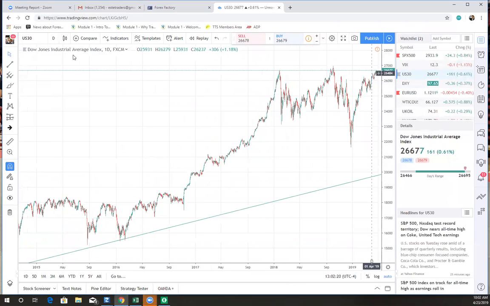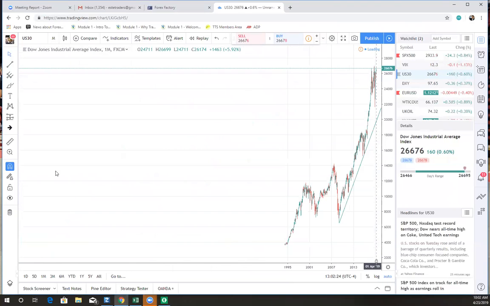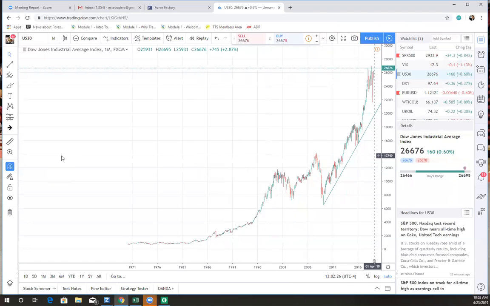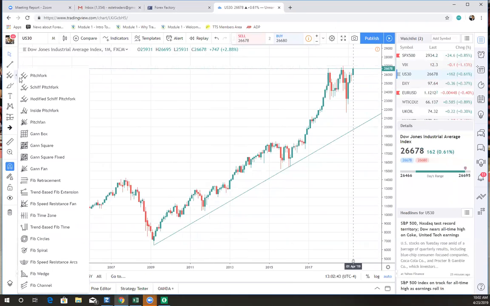Of course, on a daily time frame, it's much clearer if I change it to a monthly time frame. This impulse is a correction of this major impulse. And this is the whole point of retracements.